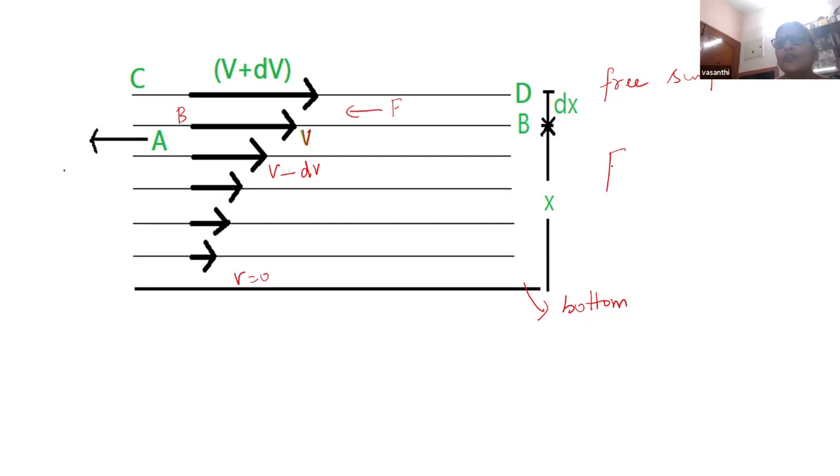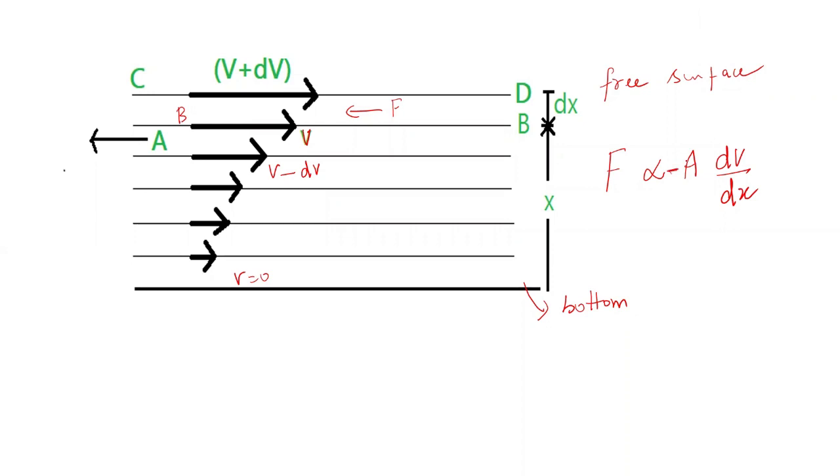So this viscous force, according to experiments, is proportional to the area of the surface, and it is proportional to the change in velocity with respect to distance. What do you call this? Velocity gradient. Very good.